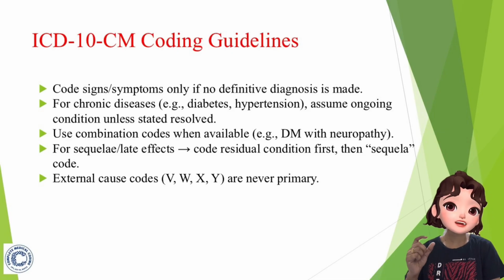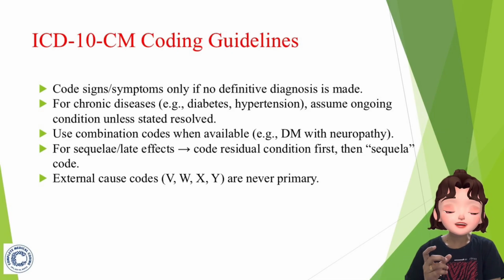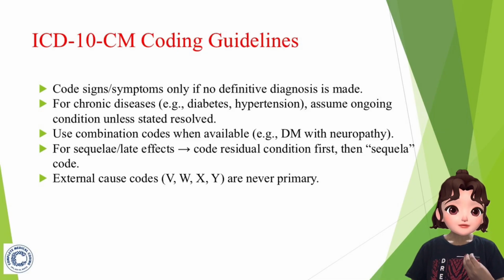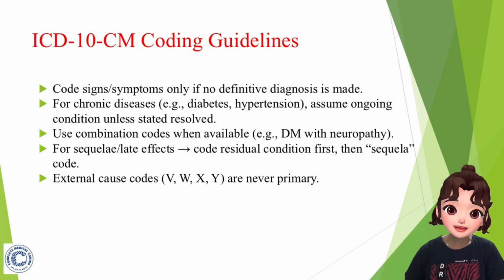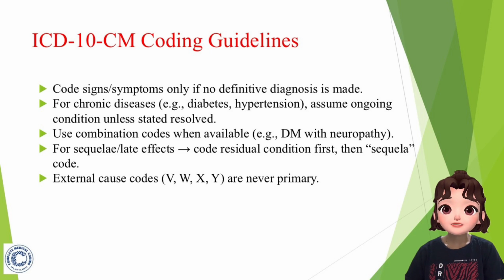So, you have to specifically find out which is the exact, accurate code. For example, hypertension with chronic kidney disease, or type 1 diabetes, type 2 diabetes, something which will be related. According to the documentation, you have to find out the exact, accurate code.